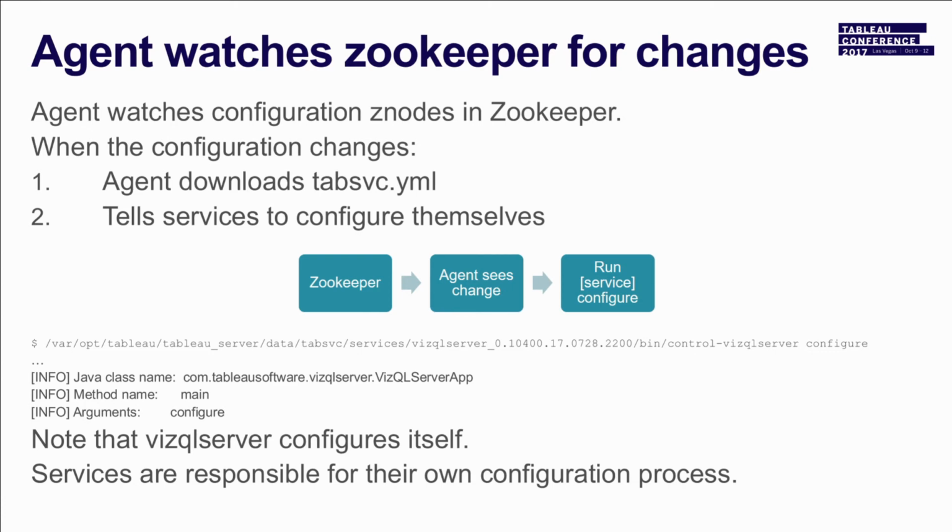So the agent process is just responsible for making sure that everyone sees the right version of tabsvc with new config values, and then the services go do what they need to do. And the goal for this is isolation, robustness. So if you have some problem with SQL Server config, it's not going to affect your backgrounders, your viz portals.